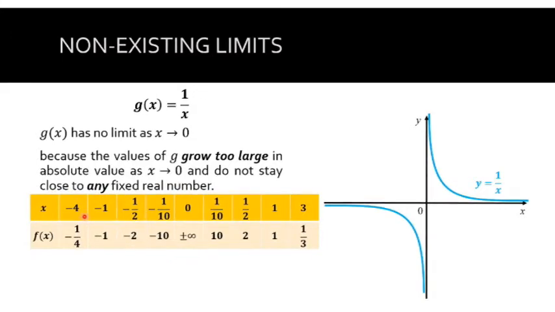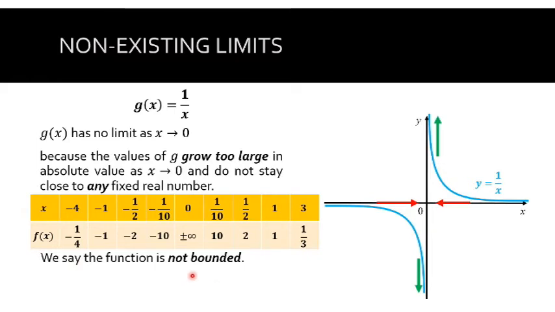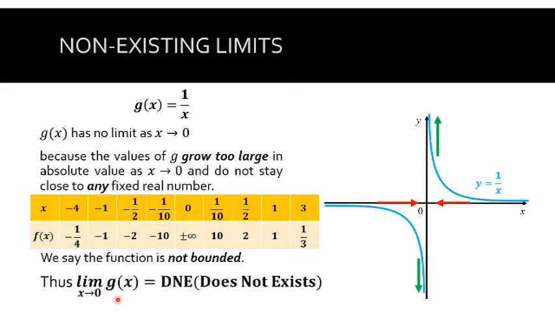As x approaches 0 from the left, the value of the function approaches negative infinity, and as x approaches 0 from the right, the value of the function approaches positive infinity. And since it does not stay close to any fixed real value, we say the function is not bounded. It goes to both negative and positive infinity. Thus, the limit of g of x as x approaches 0 does not exist also.